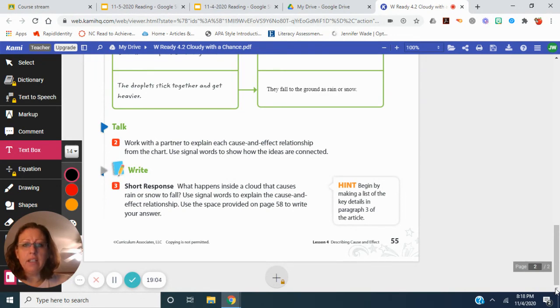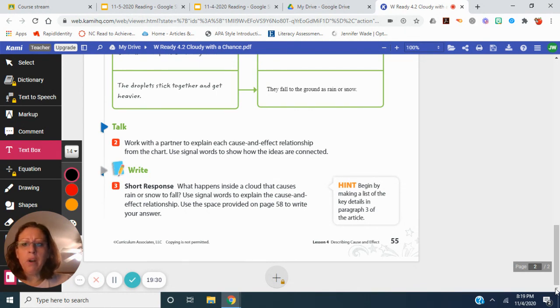Okay, and it says, hint, begin by making a list of the key details in paragraph 3 of the article. I would like you to write 2 or 3 complete sentences with signal words in your Google Classroom for the question. To get 100%, you must begin your sentences with capital letters and end with periods, and you need to use a signal word in each sentence.